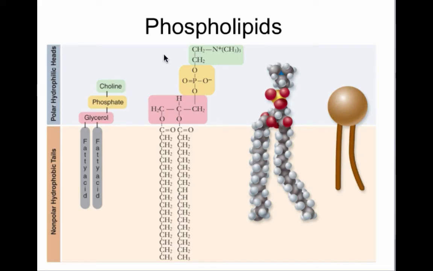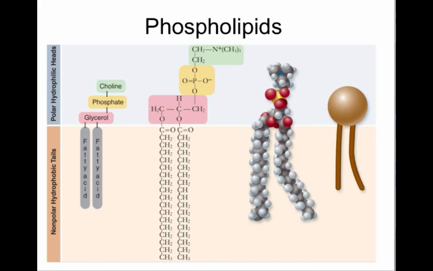So this makes this part of the phospholipid highly polar, highly charged, and therefore very water-loving, or hydrophilic. This other part is composed of just long chains of carbon and hydrogen, and they are not very charged. They are lipids. So these are molecules that don't want to interact with water. They are hydrophobic.